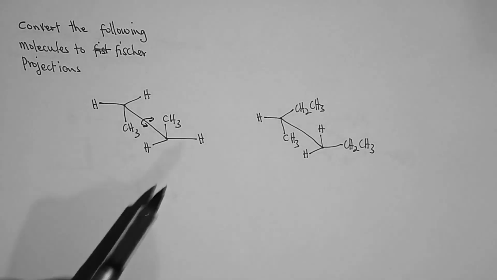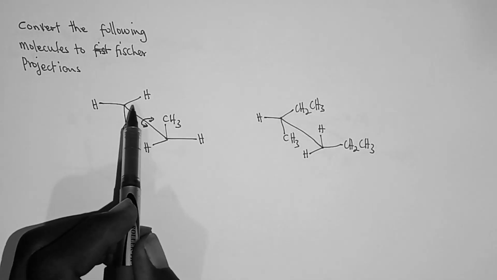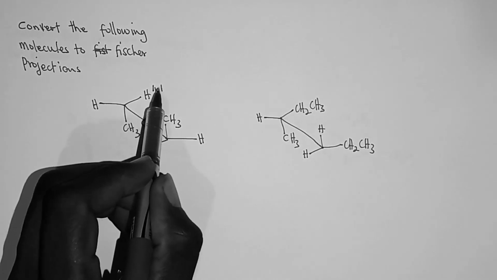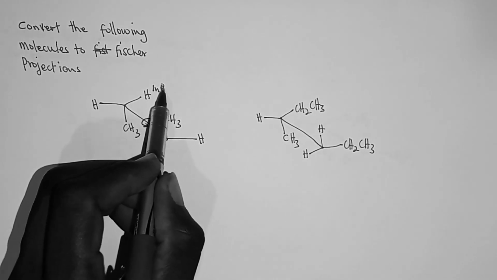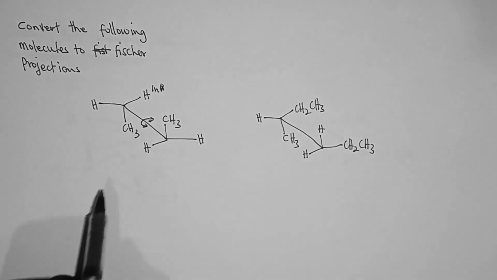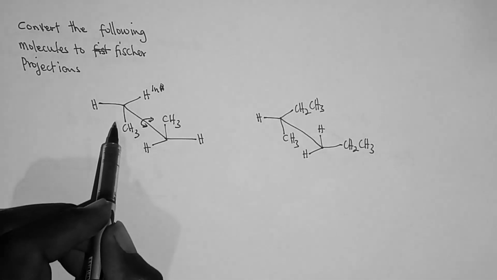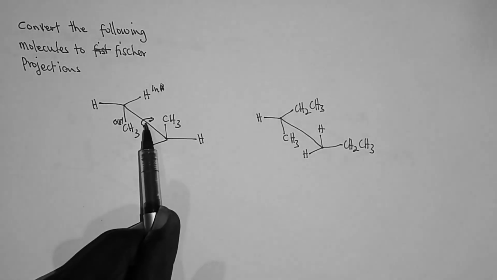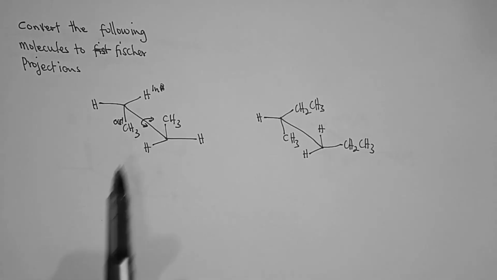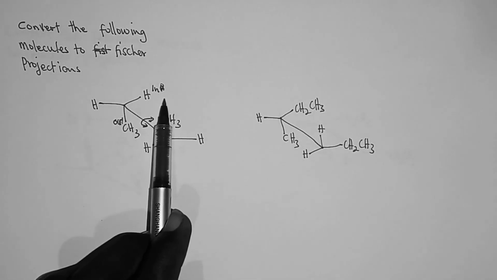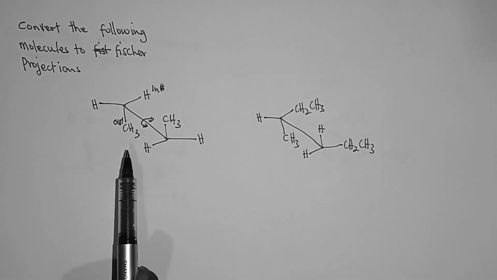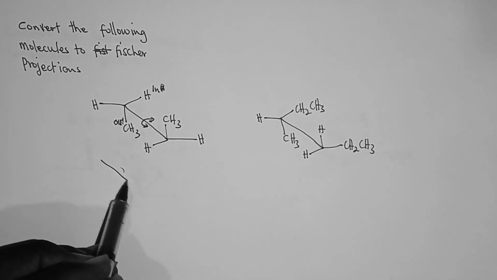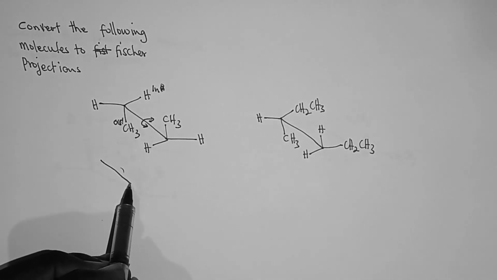So in this case, you see that this proton is going into the page, and then this CH3 is coming out of the page. But if you rotate it by 180 degrees, the CH3 now goes into the page, and then the H comes out of the page. And therefore, this molecule will look like this after the rotation.